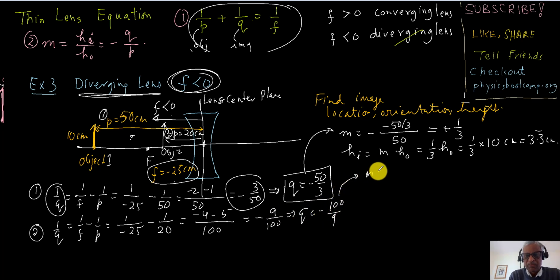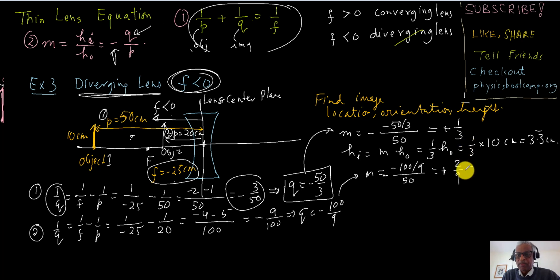So this m is going to be minus of minus 100 over 9 over 50, which is 2 over 9. I mean minus minus, so this is still the same, it's going to be plus. There's one minus here and another minus from the q.